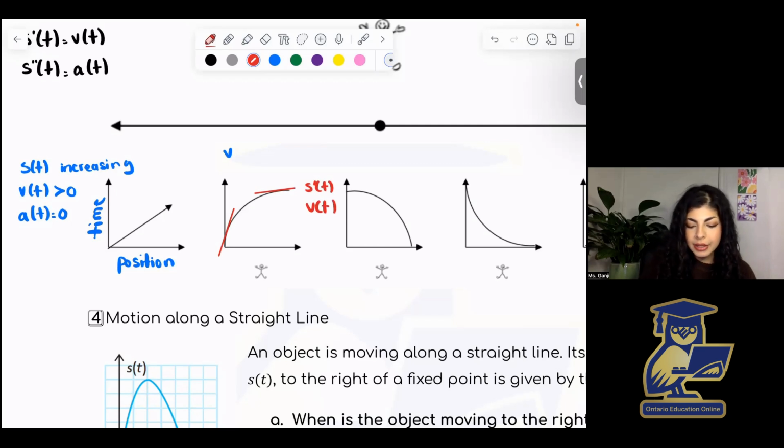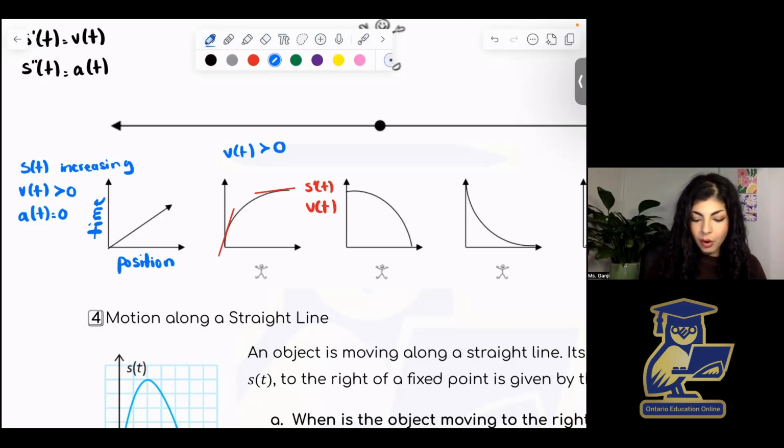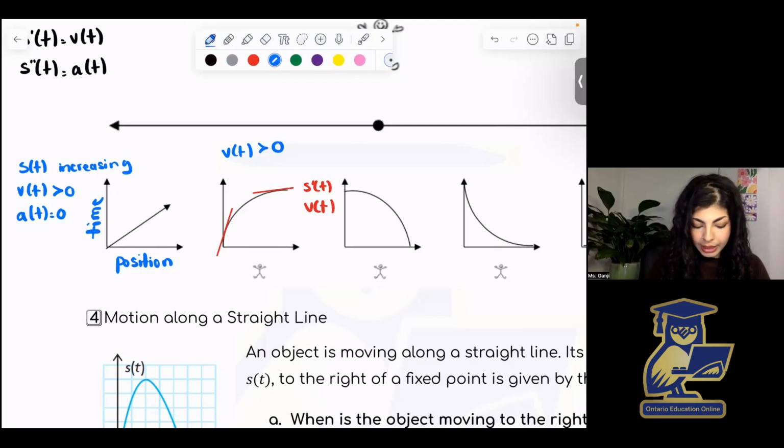So we can see here that v of t is positive, which means that the values are greater than 0. These are positive slopes. But you can clearly see that this slope is greater than this slope. So over time, the velocity is actually decreasing, which then means that we are slowing down.